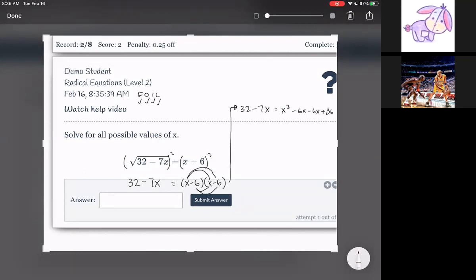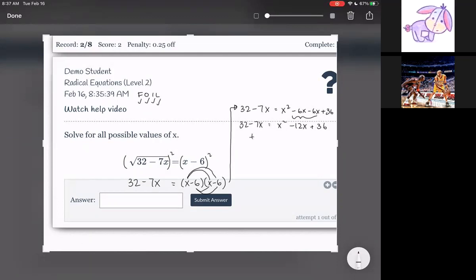Okay, so from here, we need to simplify a little bit. So we got x squared, and then these combine to give us minus 12x. So we got 32 minus 7x is equal to x squared minus 12x plus 36. Okay, so from here, we're going to bring everything to one side.